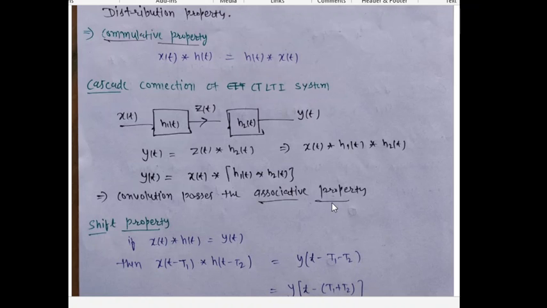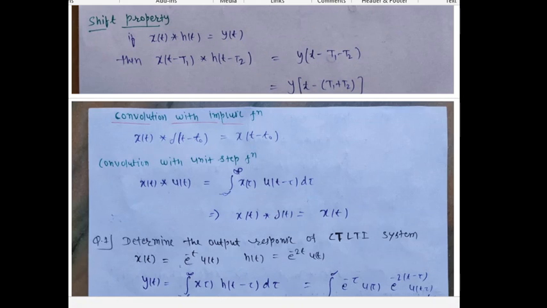Next property is the shift property. The convolution theorem says that if x convolution s(t) equals y(t), and we shift our input by t1 and the system response by t2, then y equals y(t minus t1 minus t2).